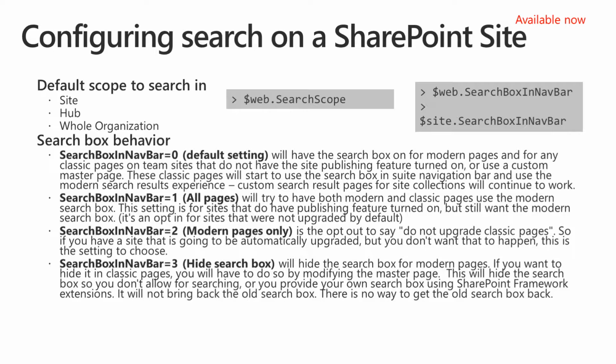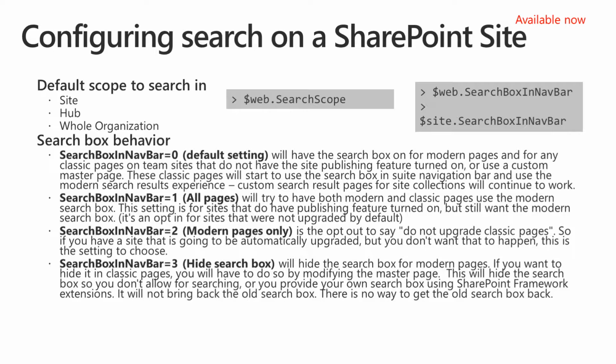If this is set to default, you can override it using the site collection level. But if the site has set something, the web can override that by setting one of these settings explicitly as well. So it gives you a bit of flexibility in how to combine those two, the site collection level and the site level.